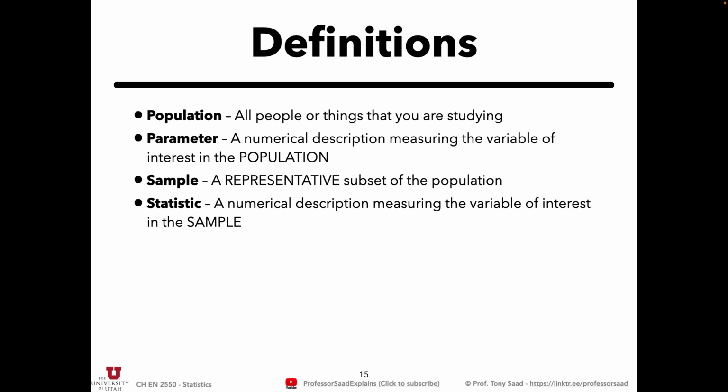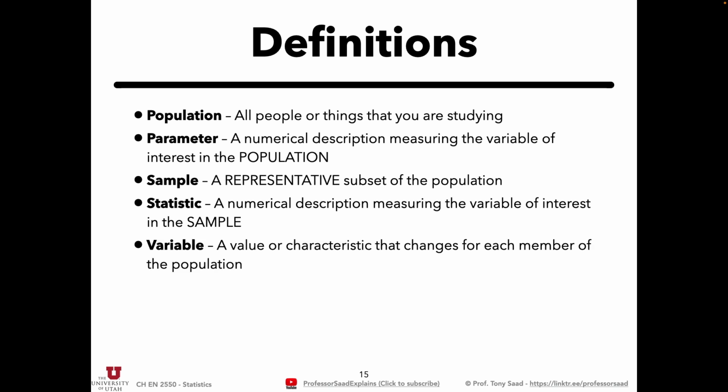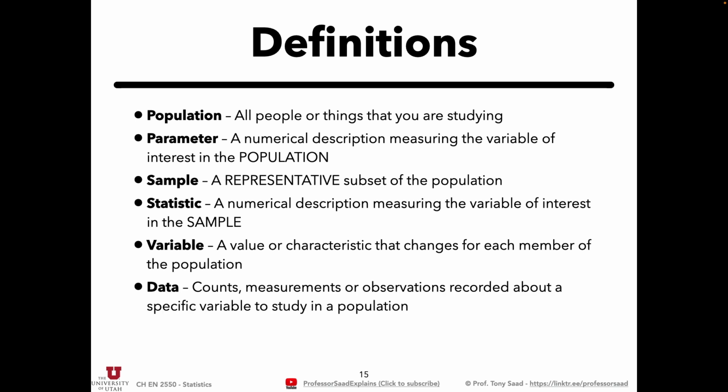Okay? A variable is something that you're trying to measure and that changes for different members of the population and the sample, of course. And that's what you're trying to track, collect statistics on. Data is the information that you've collected for a specific variable in the population. So that's the information you tabulate, you put in spreadsheets or CSV files, etc. A census is when data is studied for each and every member of the population.